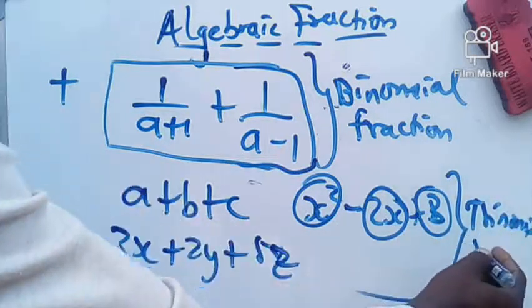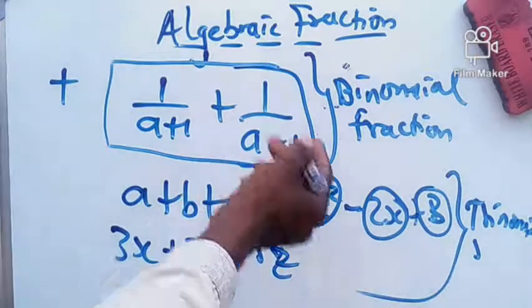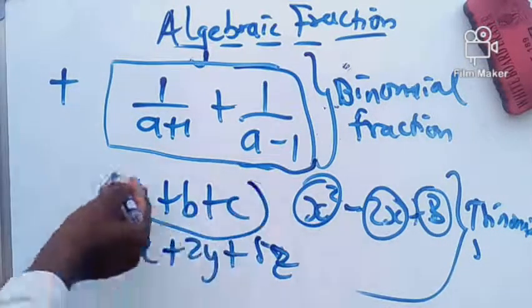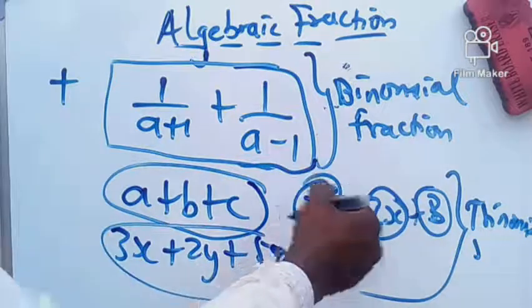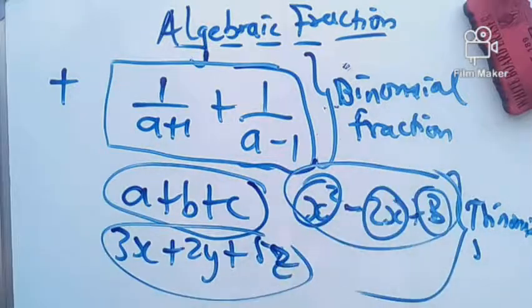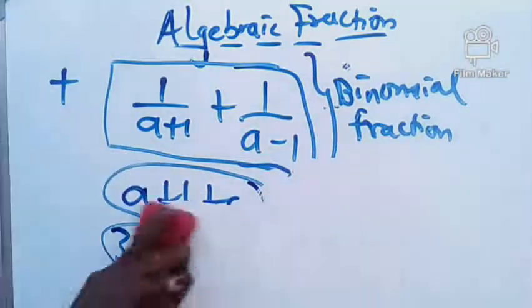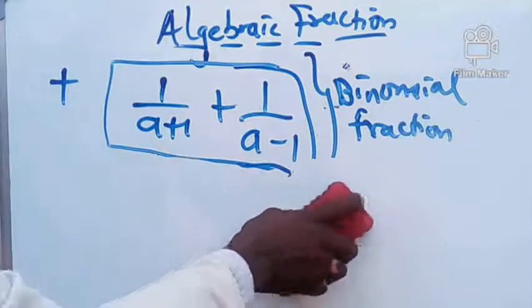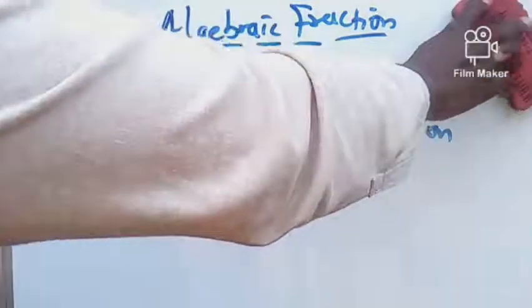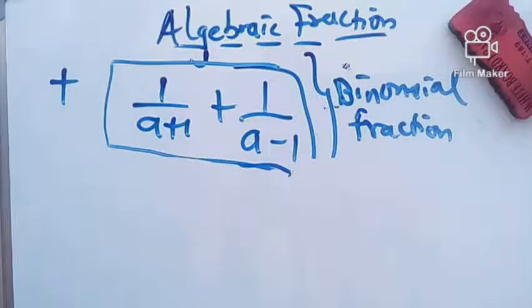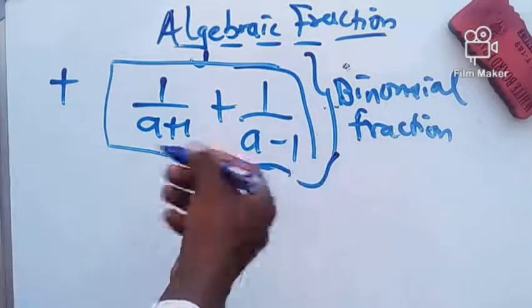And anytime you have a fraction whose denominator contains any of these, containing three terms joined together by addition or subtraction, we call that type of fraction a trinomial fraction. And when you see a fraction containing more than 3 terms, we call that type of fraction a polynomial fraction.